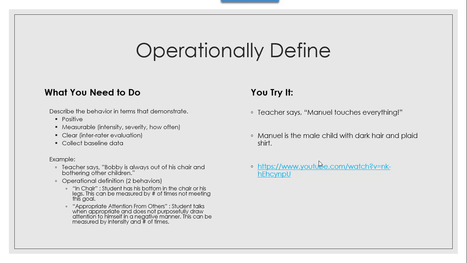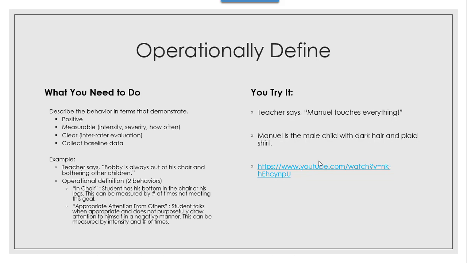The other option is that you break out each of those things and watch him and say, oh, he's doing this, where 1 is never and 5 is always. And then you just mark a rating yourself on your observation. With that, though, you're going to want more than just one thing. You're going to want to break each of those things out. So student talks when appropriate, 1 to 5.